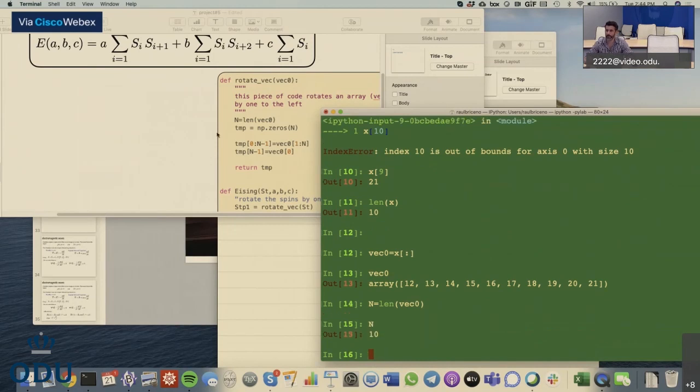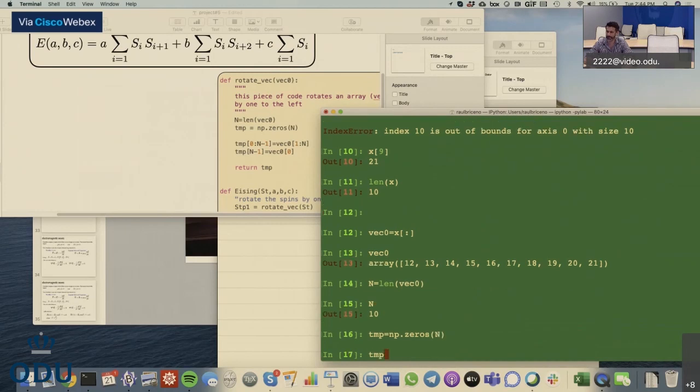Good. Then I define a temporary array that is empty, and I'm going to call that temp. And then I use a numpy function zeros, and I make it of length n. And so what this gives me is an array of length n, in this case 10, which is just a bunch of zeros.